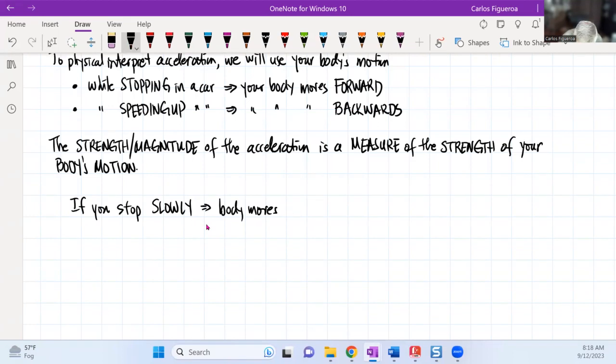The word slightly is a slippery one. I don't want to use the word push, but a lot of people say like, oh, my body's being pushed forward. It's not. But your body moves slightly forward. This slight forward motion means that you have a small acceleration.